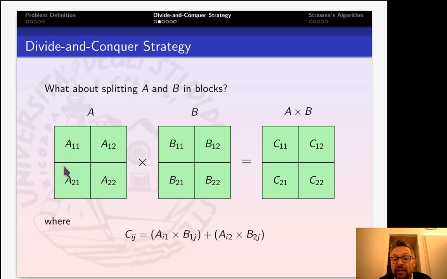We need to multiply A21 by B12. We need to multiply A11 by B12, and so on and so forth.